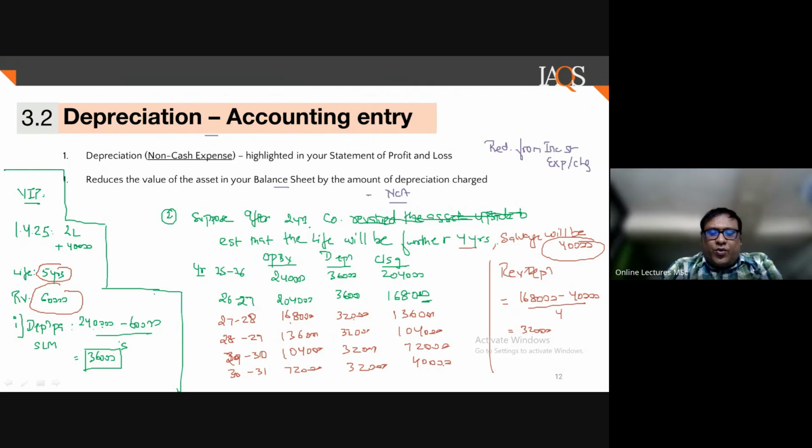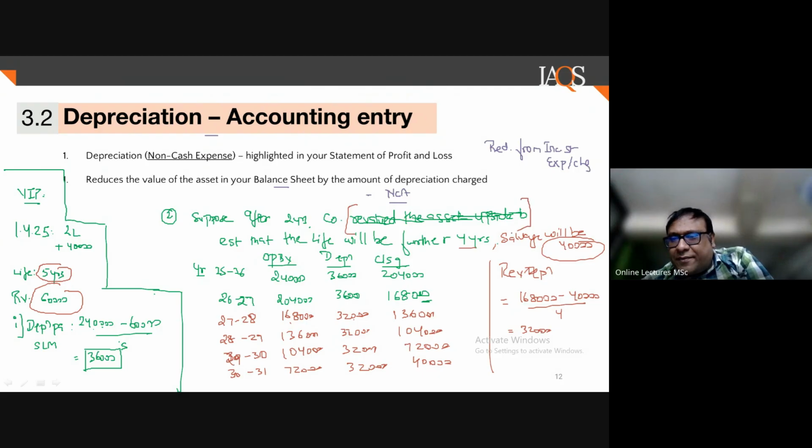What did we learn from the example? The depreciation you estimated can change with the passage of time. Things can be revalued. I actually wanted to revalue the asset upward, but then I realized it would become too much accounting.